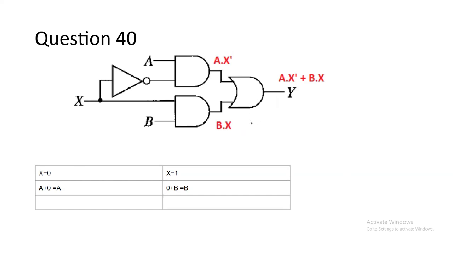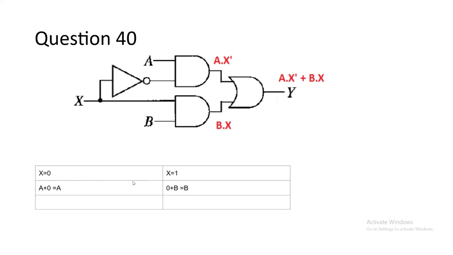These two are connected with the OR gate, that means a plus. Now initially they tell, okay, X is 0. So here X becomes 0. That means this whole part vanishes. B into 0 means 0. So this will go. Here it will become 1 negation.